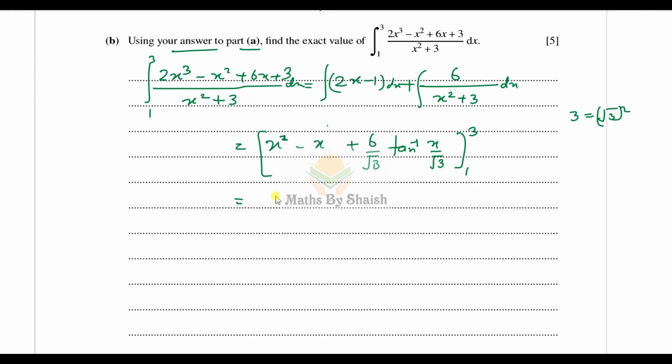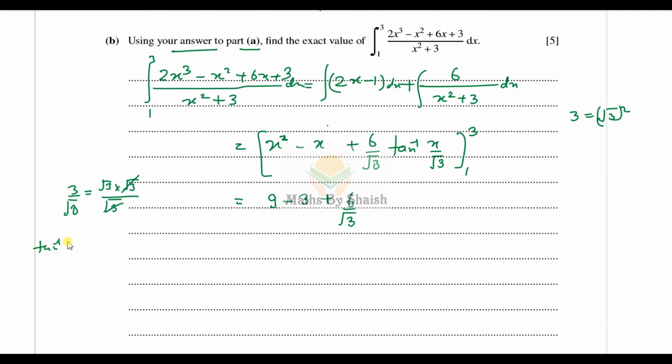and it is 3 squared, 9, minus 3, plus 6 by root 3, and it is tan inverse of 3 over root 3. 3 over root 3 is actually root 3 into root 3 over root 3, which can be cancelled, so tan inverse root 3.